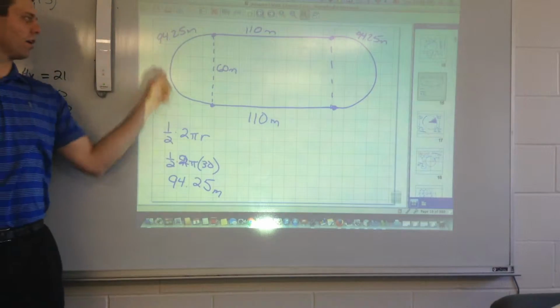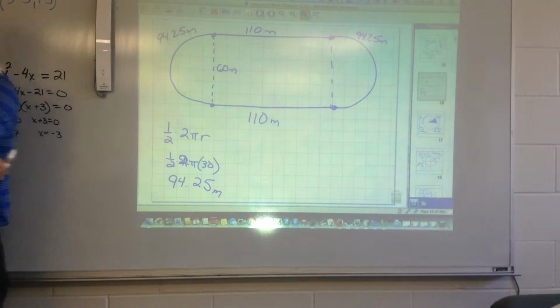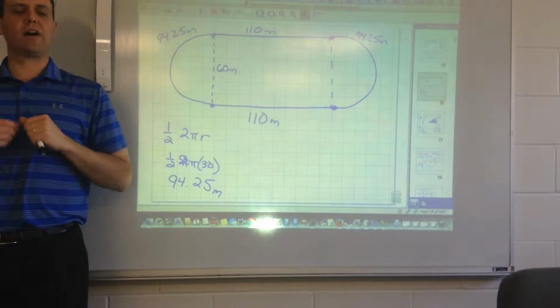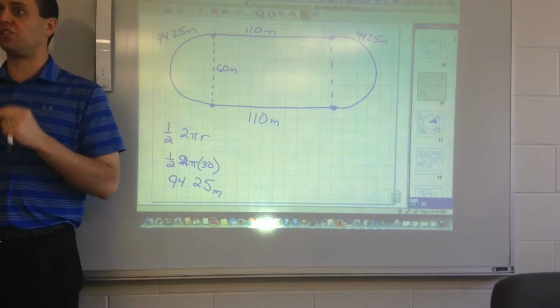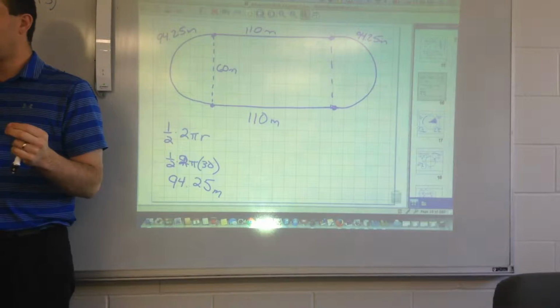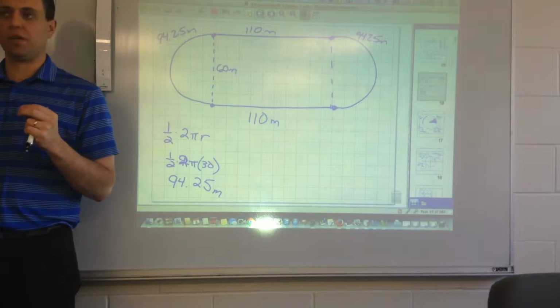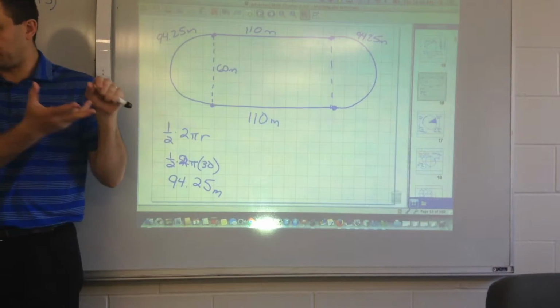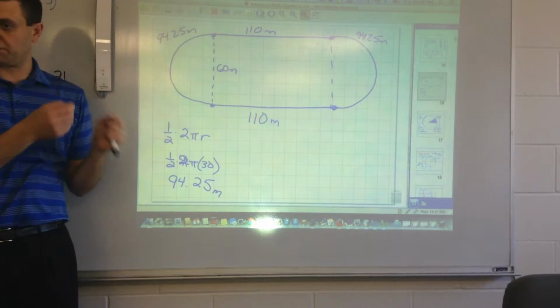The length of that arc is 94.25 meters. Okay? Very important. Do you understand the difference if I ask you for the measure of the arc versus the length of the arc? The measure of the arc will be labeled with degrees. It'll say m in front of it, and you'll label it 180 degrees.